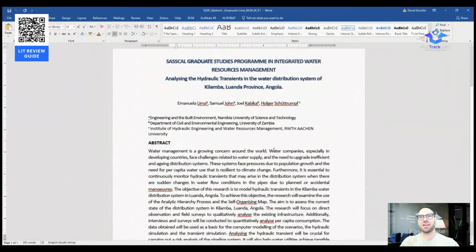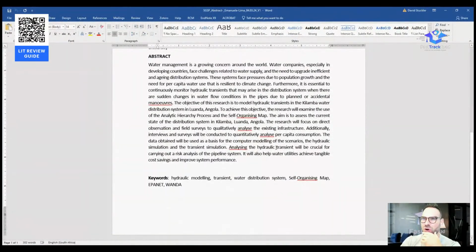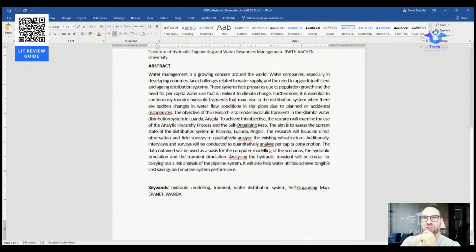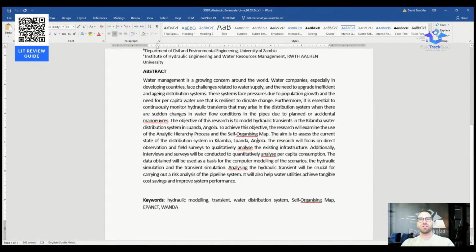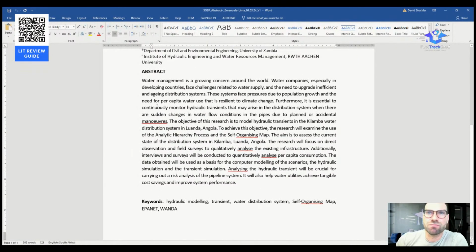So this looks like a kind of abstract proposal, maybe, of a project. So let's apply our gift method again. This is good. Water management, yes, I think that is clear. This is nice. You actually might not need both these sentences, but let me just take a look. Let's take a look together and see what the gap is.